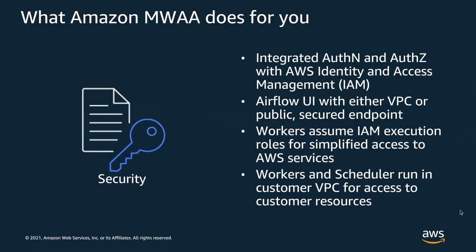Now, your workers, when they run and fire up to do the work that you've created as part of your workflows, get assigned an IAM, what's called execution role, that can have policies applied to it that grant or restrict access to certain AWS services. So this could be the ability to talk to certain data stores like DynamoDB, or to pull data in and out of S3. This deep integration across the platform should help simplify the work that's involved in you needing to get data in and out of data stores.